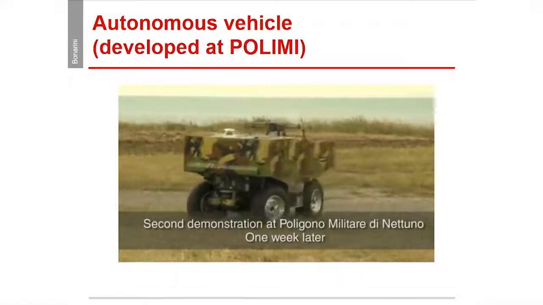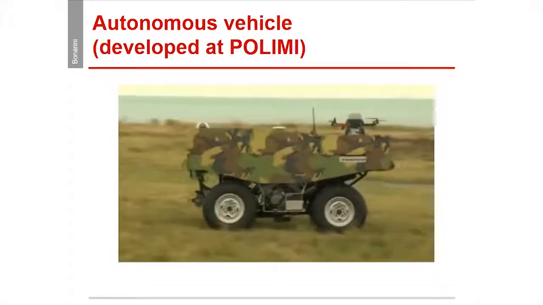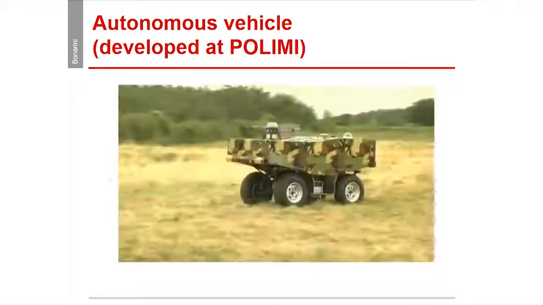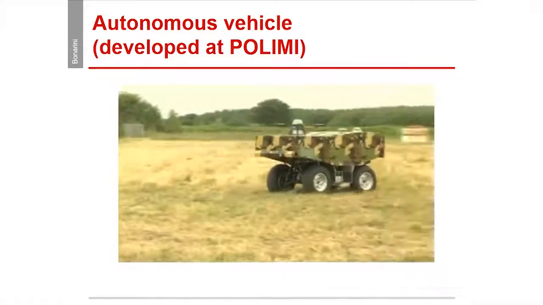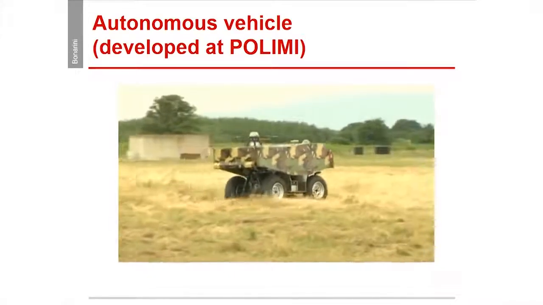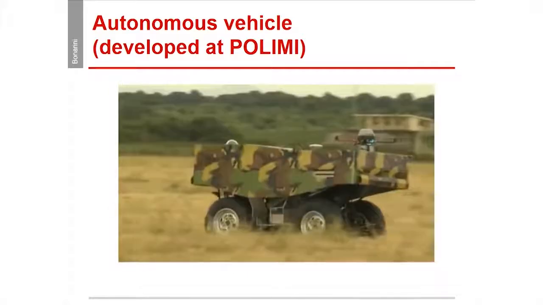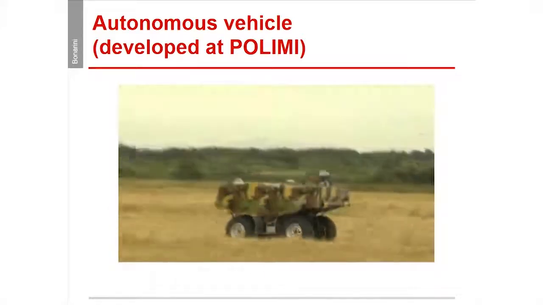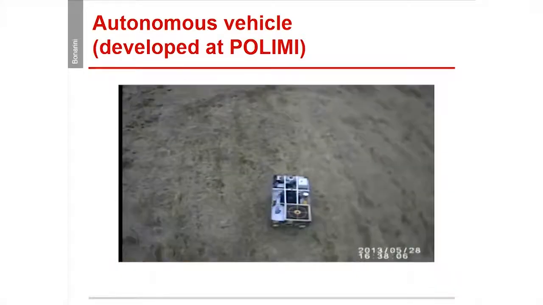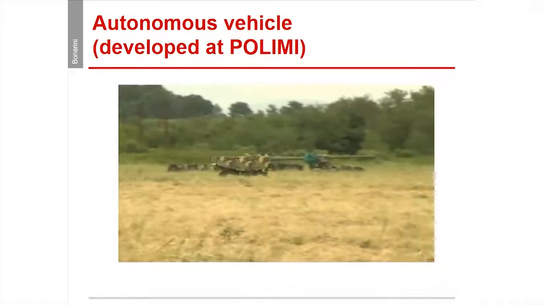And this is an autonomous vehicle done here at Politecnico by our lab and the automation lab, the Merlin lab. It works automatically by taking information from sensors. It brings also a quadricopter that is intended to have a very short range in order to detect things that are around.